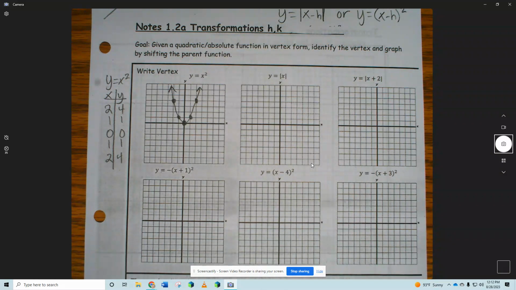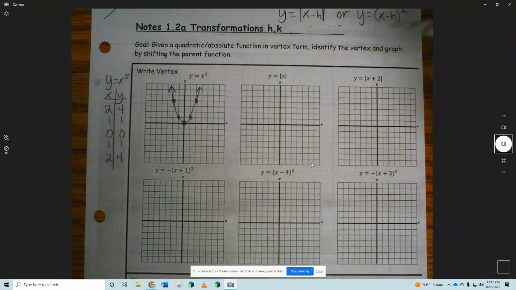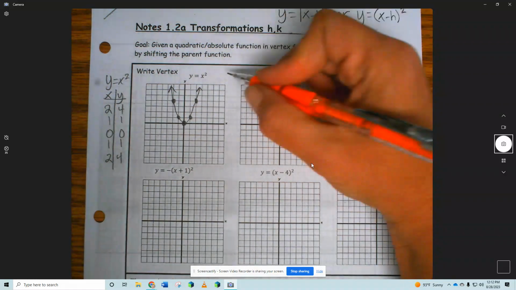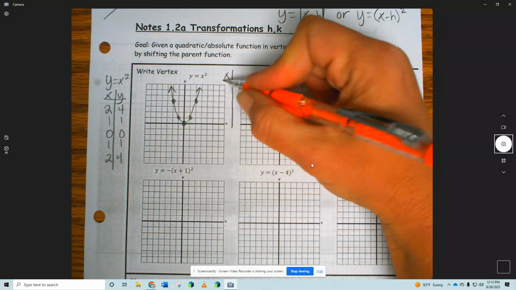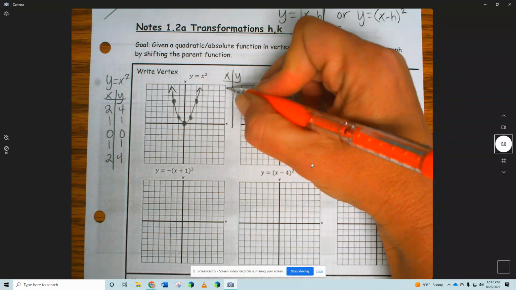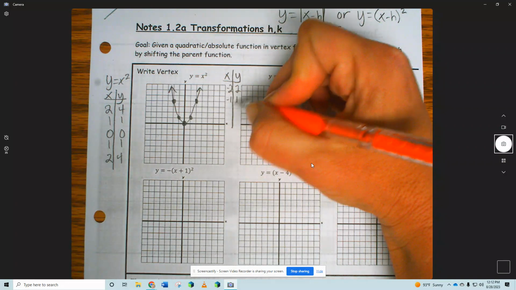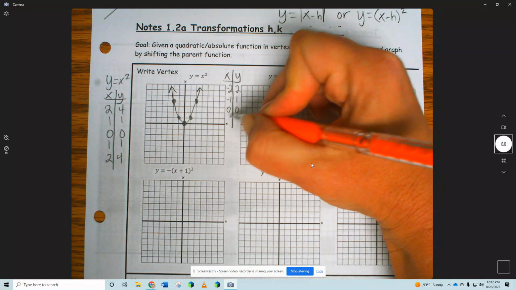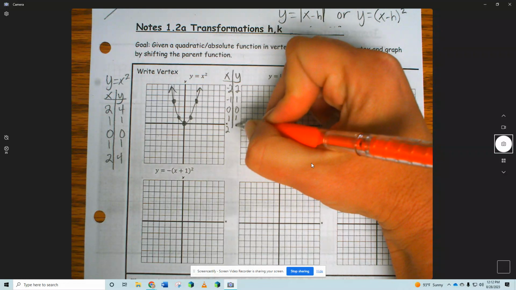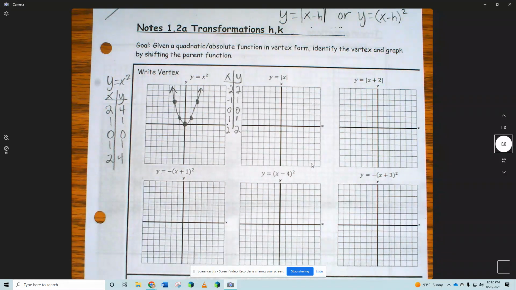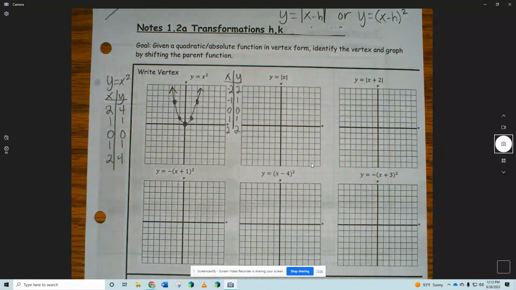And then I want to do Y equals absolute value of X. Here's the table of values for absolute value of X. Over however many, up the same amount. Like over 2, up 2. Over 1, up 1. It's a V shape, very linear, very rigid.